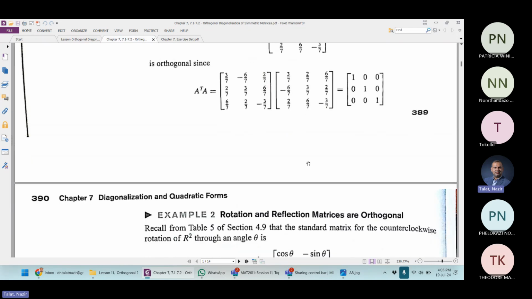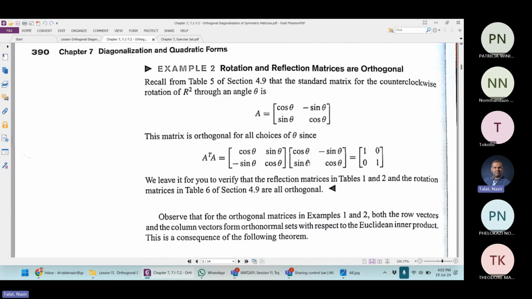Now here we can see another example. Take A equal to the matrix with entries cos theta, minus sine theta, sine theta, cos theta. This is the standard matrix with some angle theta, sometimes called the counterclockwise rotation matrix of R2. If you take A transpose and multiply with A, the first entry becomes cos square plus sine square, which is 1. Similarly, multiplying the rest of the entries, the off-diagonal entries become 0.